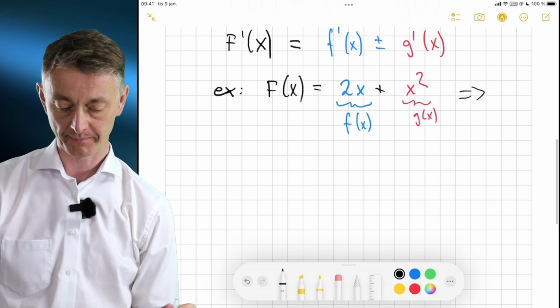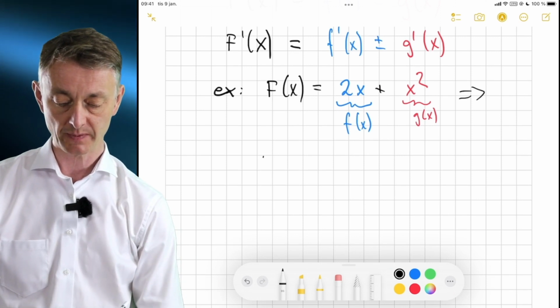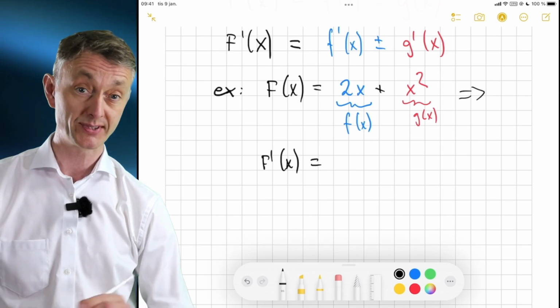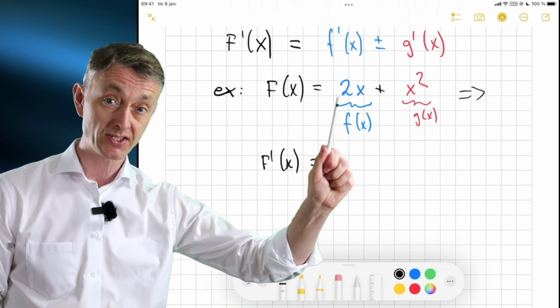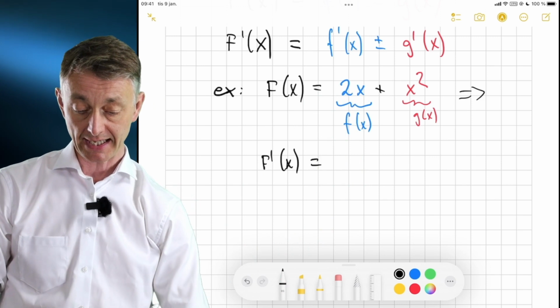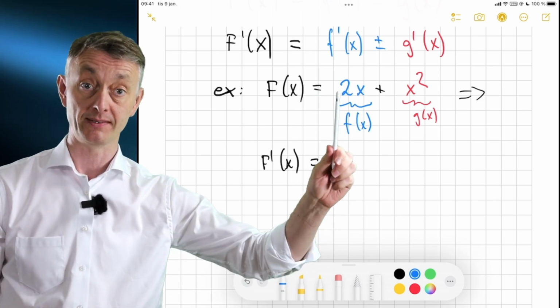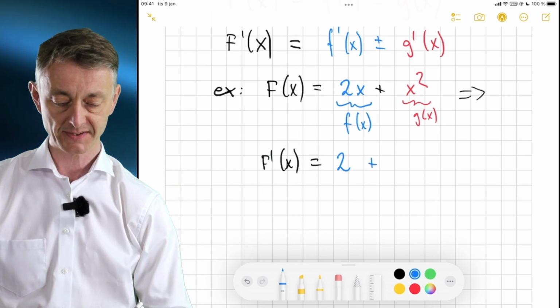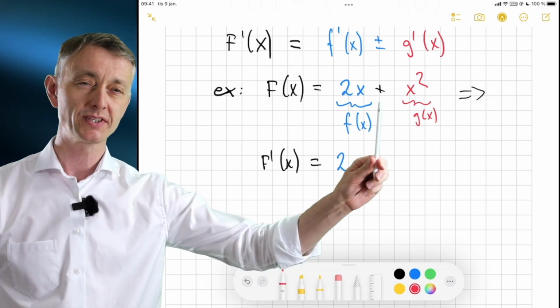Well, let's see. The derivative of 2x with respect to x, from before we know, is simply 2. Plus, what is the derivative of x squared?